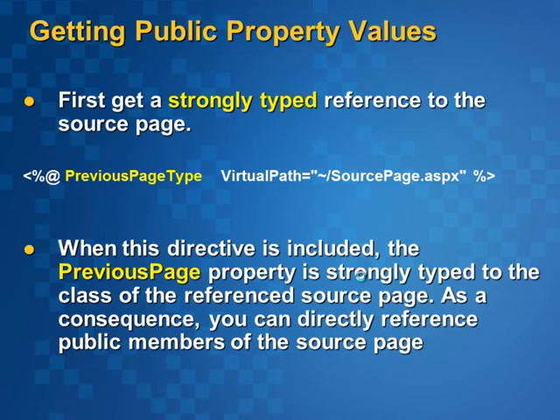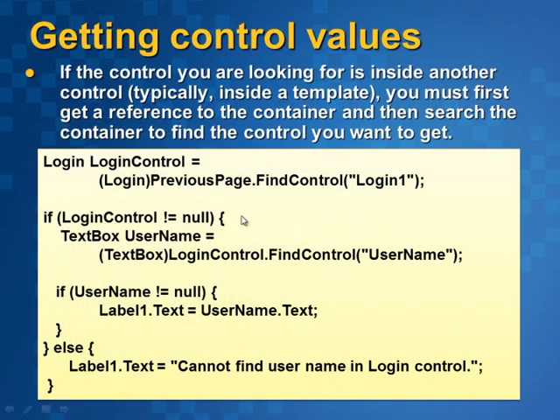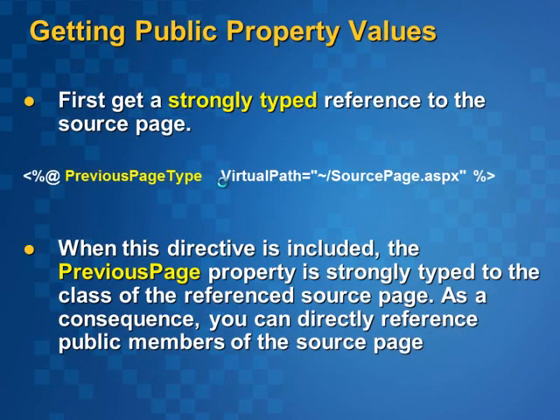Now, in order to get the properties, you have to use the type. That's another problem. Whenever you use this previous page, it is actually a page control. But if you want to call a public method, or a method that is visible to you, you have to either typecast it or get the appropriate type.